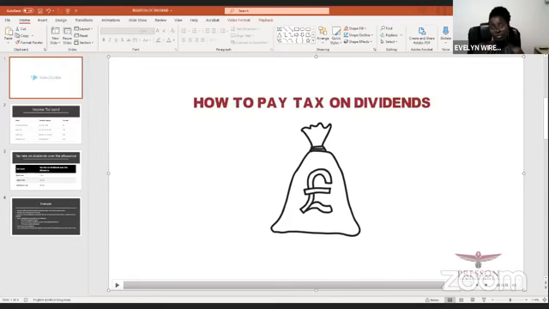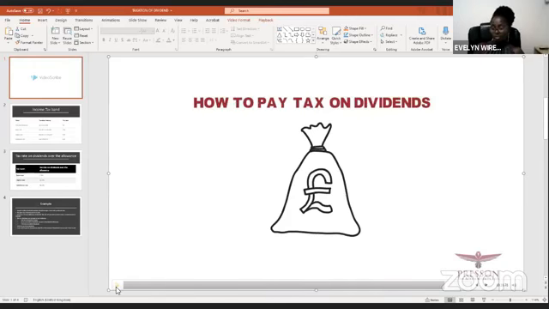The other level is if your dividend income in the tax year 2020-21 is over 10,000 pounds, then definitely you need to file a self-assessment tax return, and we can assist you to file it.